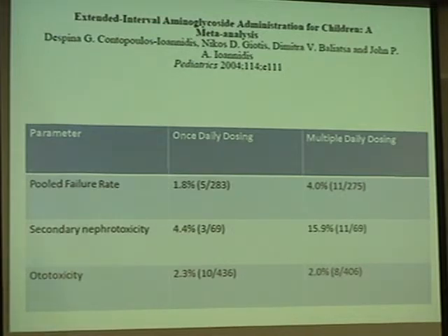And what they noticed with the pooled failure rate was actually lower with the once daily dosing. The secondary nephrotoxicity was much lower with once daily dosing. And then our ototoxicity was about the same. So once daily dosing appears to be very beneficial for the patient. And it's one way we can optimize our therapy, okay, of the existing antimicrobials that we have.